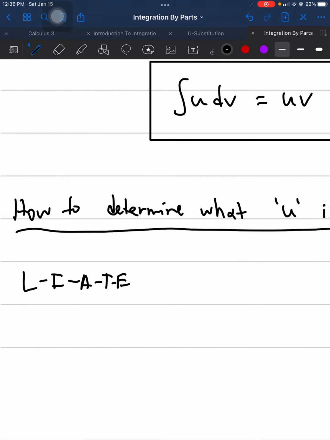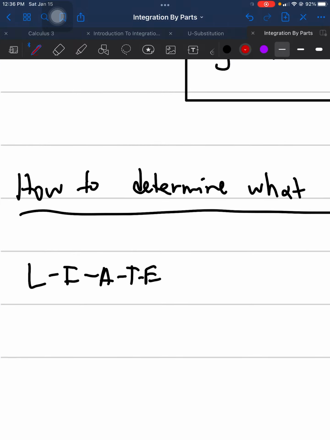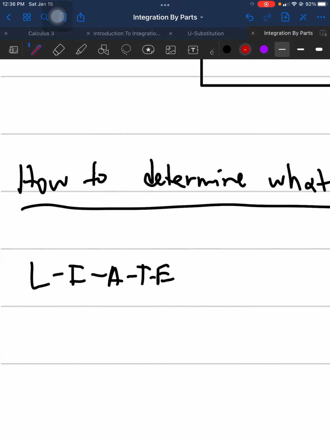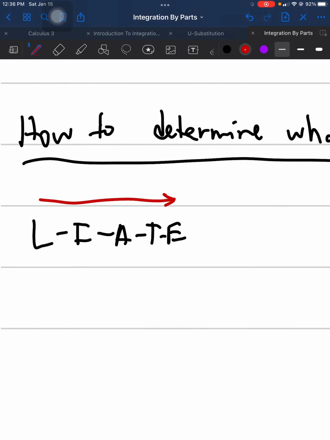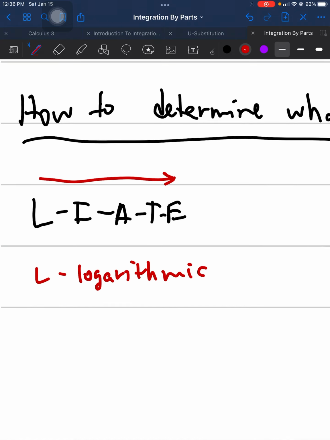What this is basically saying, it goes from left to right, and it shows us priority, which functions are given priority, so we can substitute for u. So the L just means logarithm. So basically logarithmic functions.